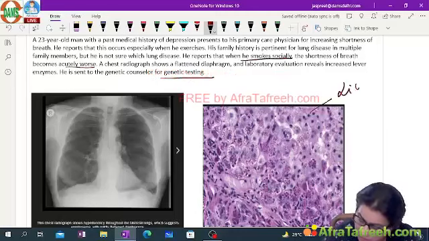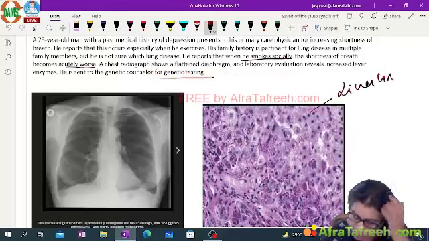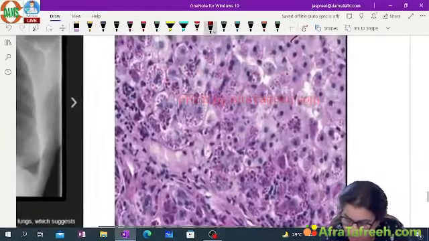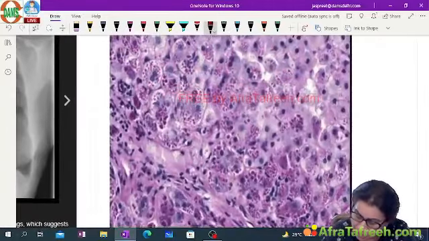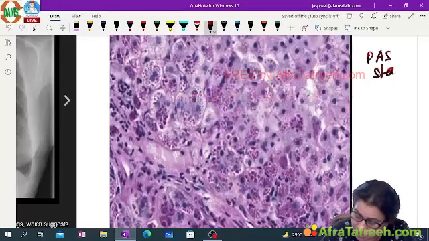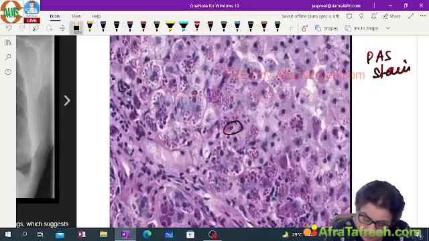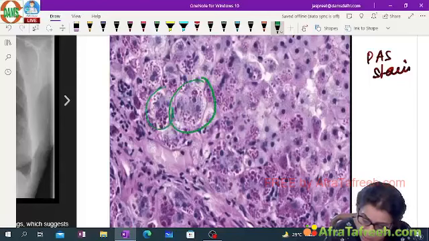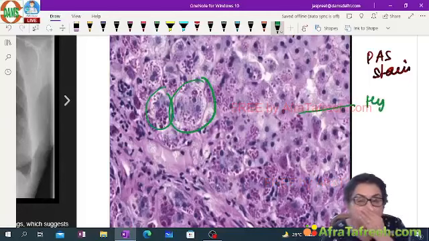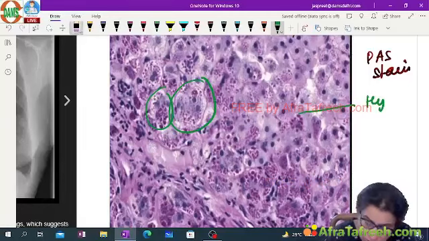This is a liver biopsy. If you look at this liver biopsy carefully, you can see these pink magenta colored dots inside the hepatocytes. This is PAS stain, and all these round magenta colored dots are hyaline globules. So many hyaline globules inside the hepatocyte. These are PAS positive globules in the hepatocyte, also called hyaline globules.